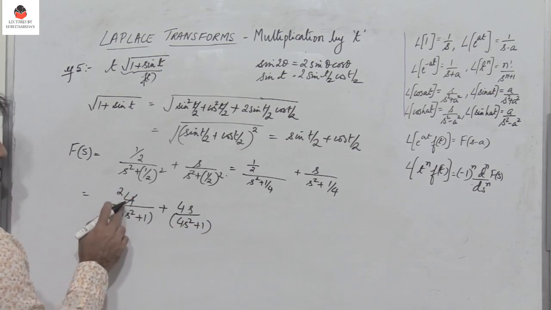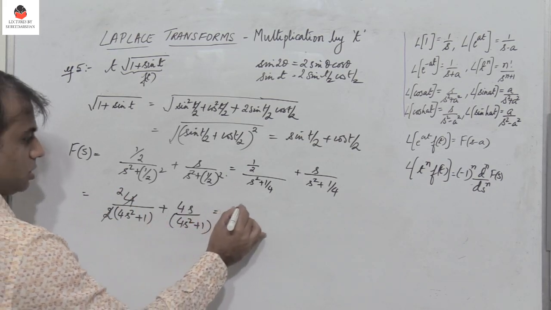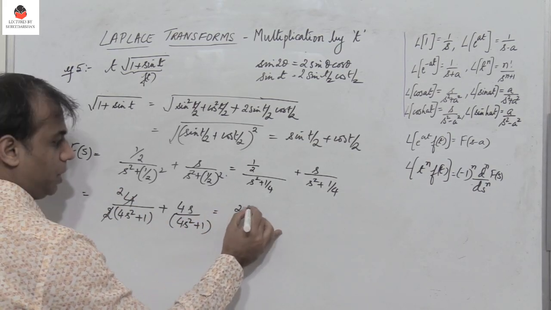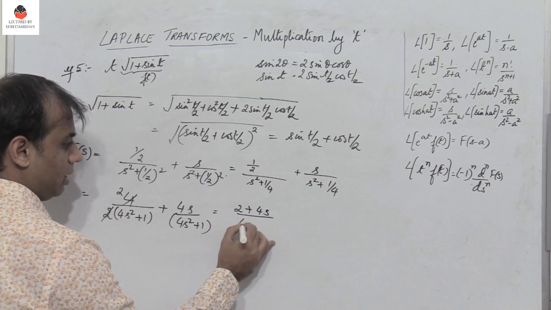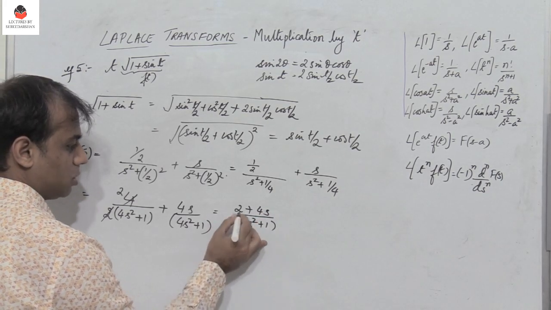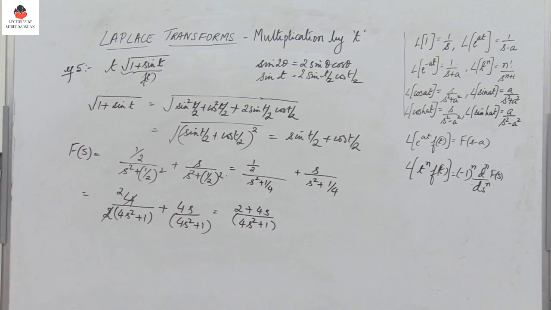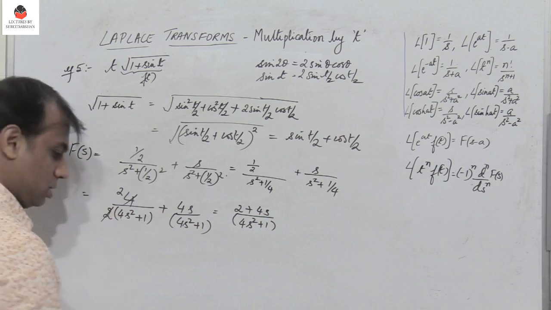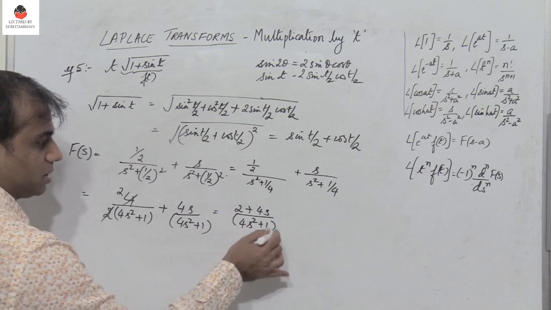So 2 2s are 4, so this is 2 plus 4s divided by 4s square plus 1, because the denominator is common. So the numerator is 2 plus 4s divided by 4s square plus 1. So this is f of s, right?